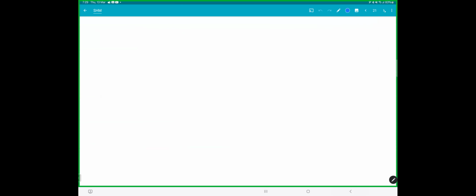Next thing, graphs. So in SHM, we also have graphs. This is important. They did ask multiple times. The first graph is your acceleration versus x graph. So we have a is equal to minus omega square x.